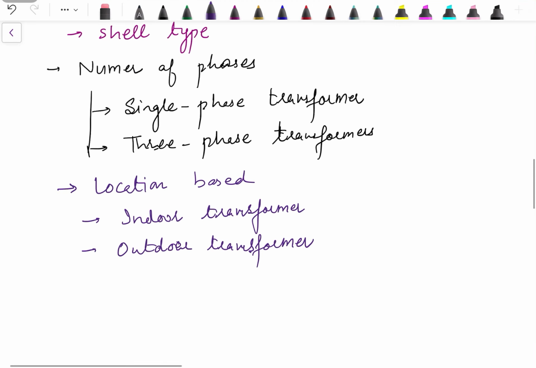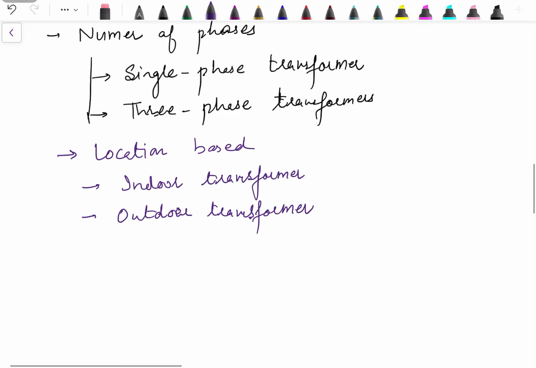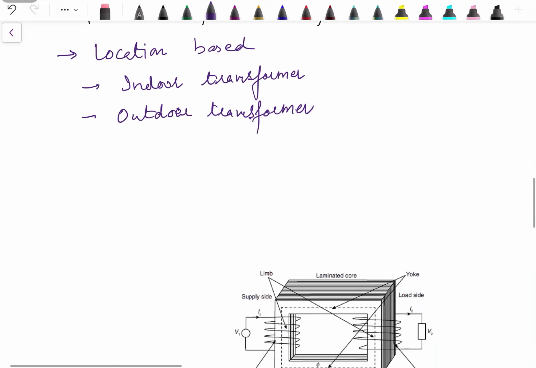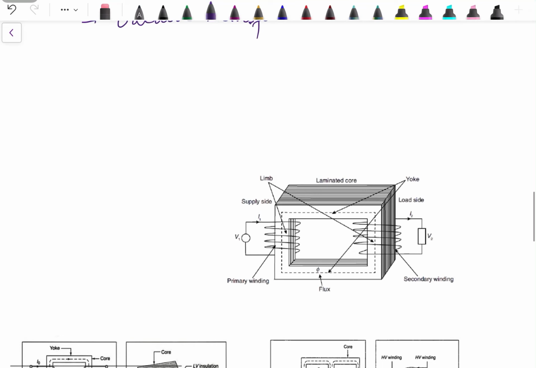Now this transformer, since it is an important equipment in the electrical power system, we need to study it in detail, starting from its construction. Construction of transformer.